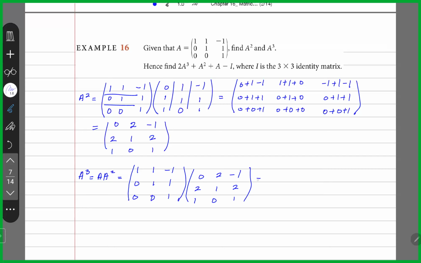Let's multiply row by column. Top row, left column, 0, 2, minus 1. Top row, middle column, 2, 1, 0.